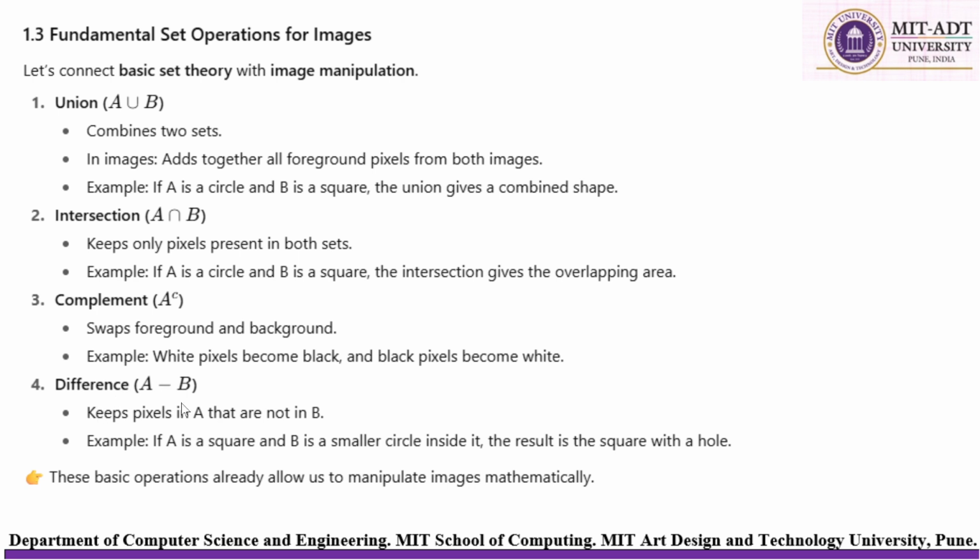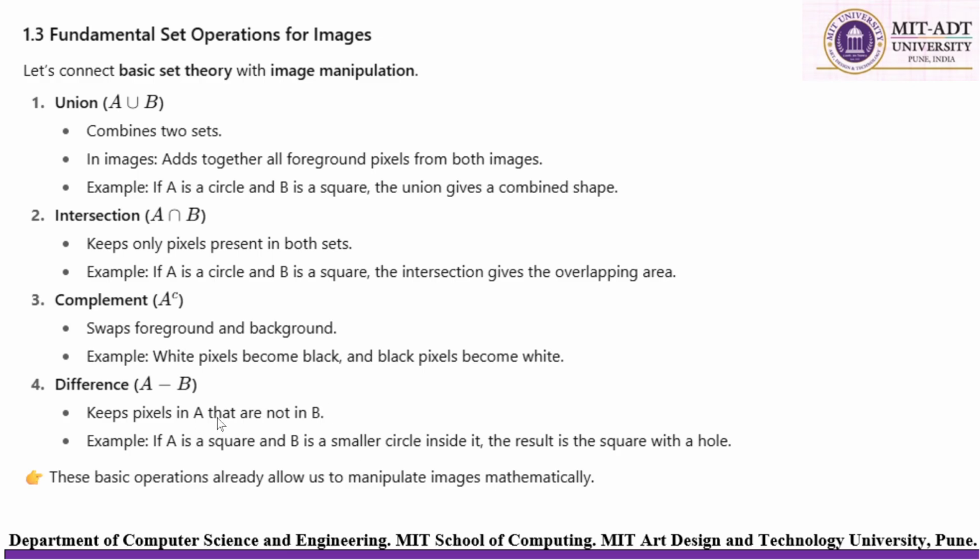If I need to perform the difference of two images, let us say denoted with A minus B, here the difference operation will simply keep the pixels in A that are not in B. So A minus B is nothing but this difference operator keeping the pixels of image A that are not in B. For example, if A is a square and B is, let us say, a smaller circle inside A, then the result will be the square with a hole, because B is subtracted.